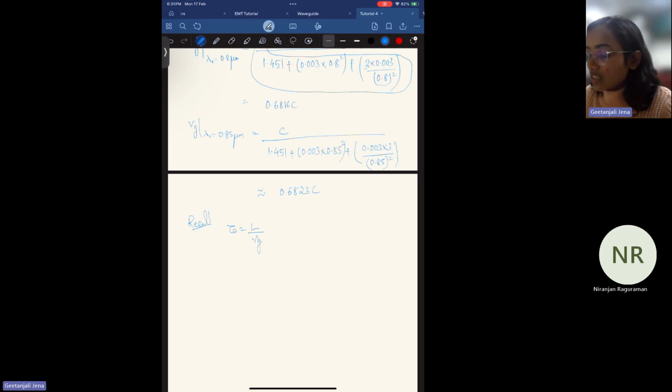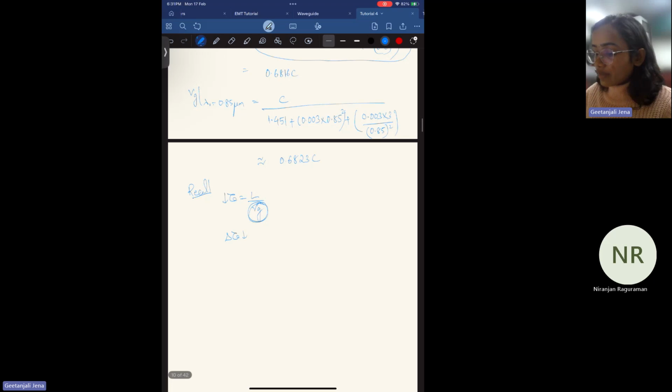So maximum group velocity will correspond to a minimum time. When you consider a pulse, maximum group velocity will correspond to minimum dispersion in the medium. So now we need to find the wavelength at which delta tau is minimum.